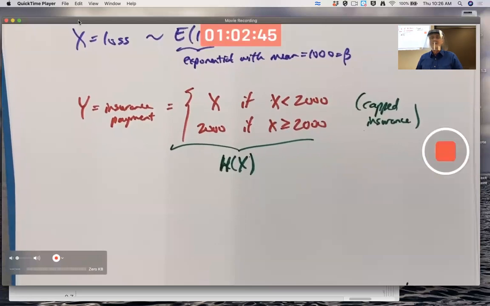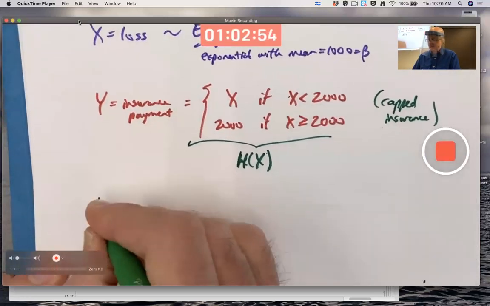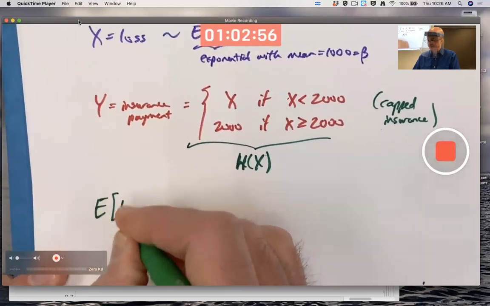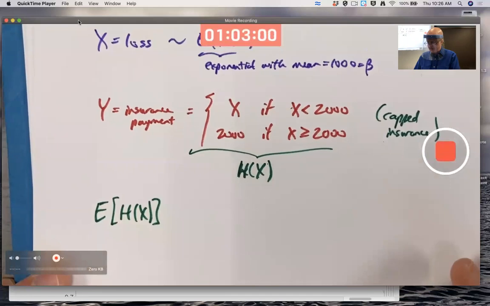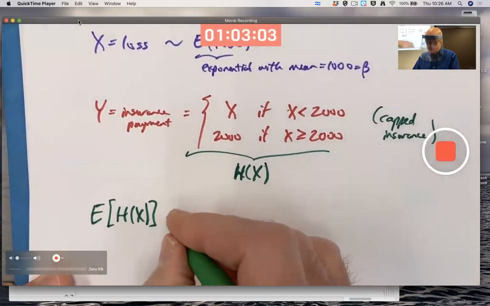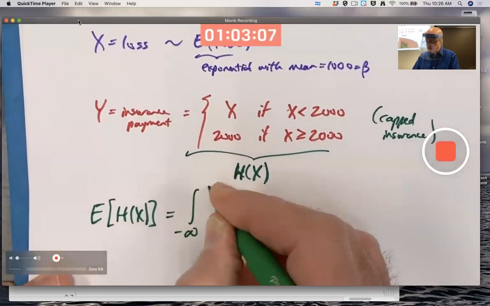And certainly to find the mean of Y, it's actually easier than thinking about the CDF and PDF. You can use the generalized expected value formula for a function of the original random variable in the general case.